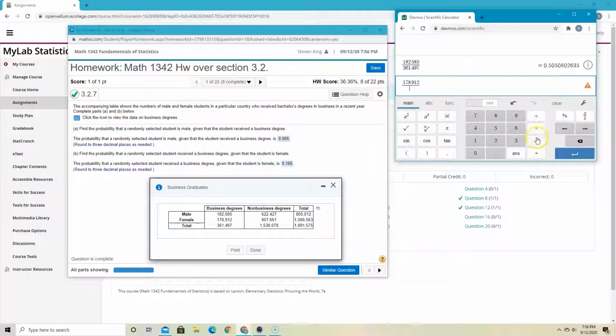$178,912 divided by the 1,086,563, and we double check the numbers, and yes, we get 0.1646.